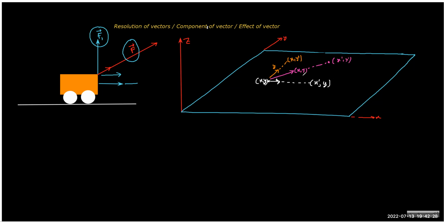So we say that if the motion is neither parallel to x nor to y, but it is happening in the plane of x and y, such motion is capable of changing both the components. So we can say such a vector will have effect along the x also and along the y also.